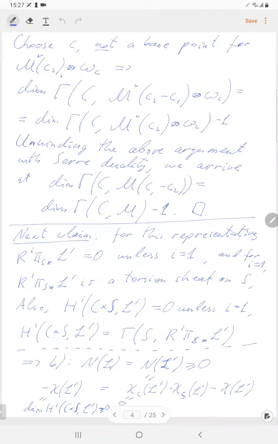Okay, so also, maybe before we start proving this claim, let me remark that if n of L prime is 0, then according to this claim, the first cohomology of our surface with coefficients in L prime must be 0.